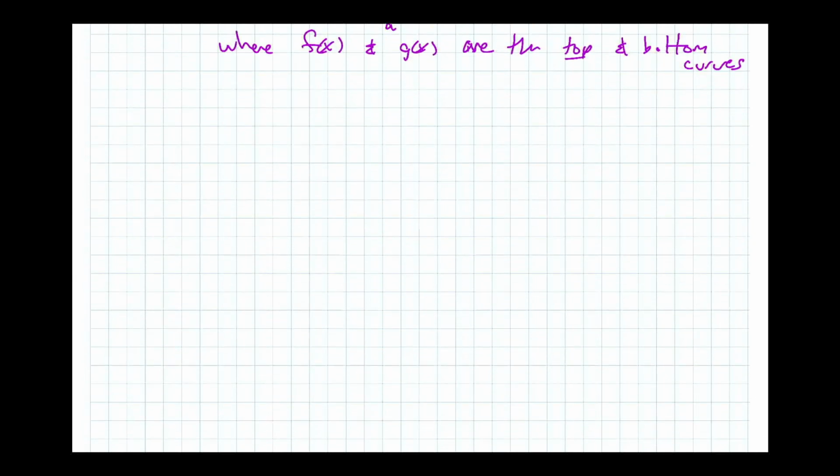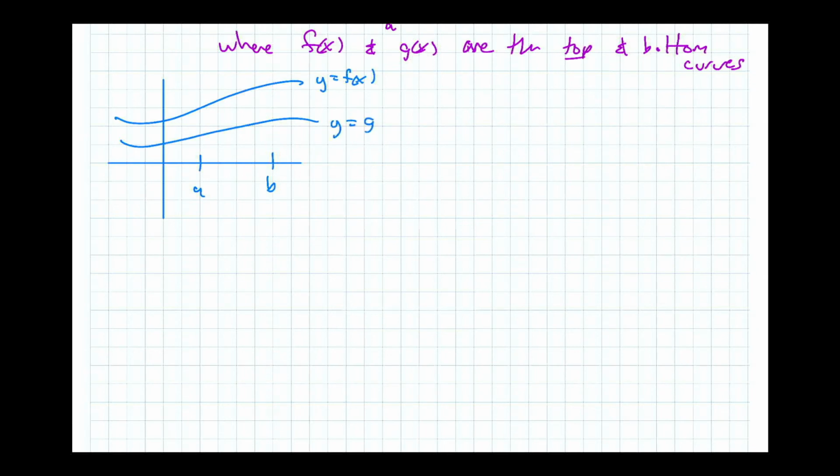So the picture: you've got a curve like this on top. It's the same picture that I just drew, but I'm drawing it again. You've got a curve on the bottom called g of x. Now your region is between these. You still have your axis, so the axis is down here.